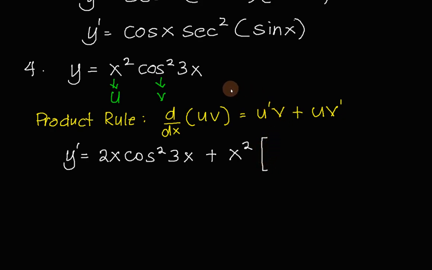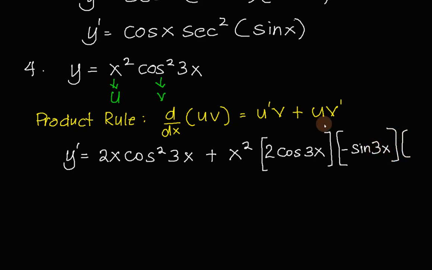And following the previous example, we use the chain rule. So bring down 2, cosine 3x, 2 minus 1 is 1. So that's cosine 3x times the derivative of cosine 3x, that's negative sine 3x, times the derivative of 3x, that's 3.